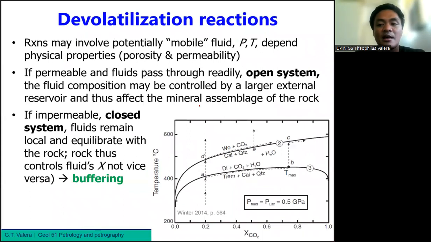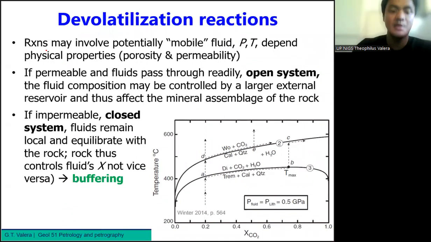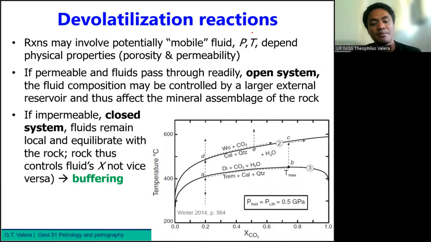Okay, so reactions may involve potentially mobile fluids, and pressure and temperature depend on the mobile fluid. One more time: reactions involving mobile fluid are dependent on pressure, temperature, and physical properties of the rock.